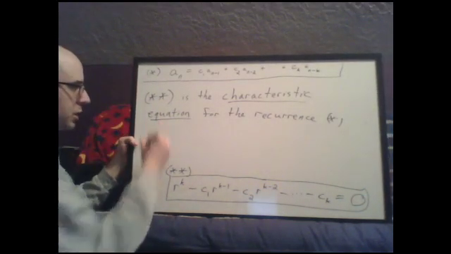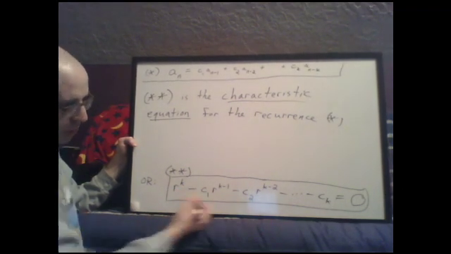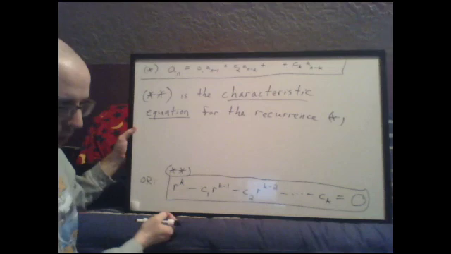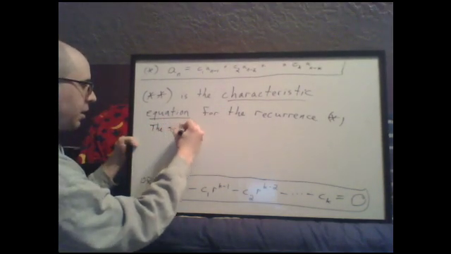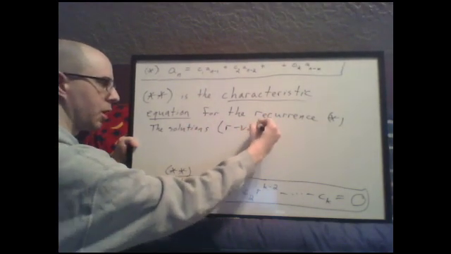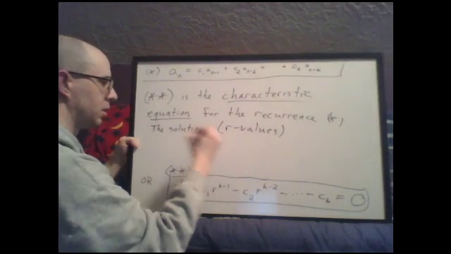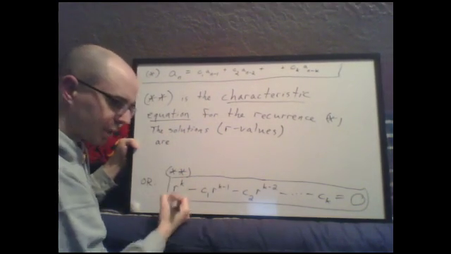If you want, you can replace r's with x's maybe, but let me just keep it r. The solutions, which for emphasis are r values, are called the characteristic roots.